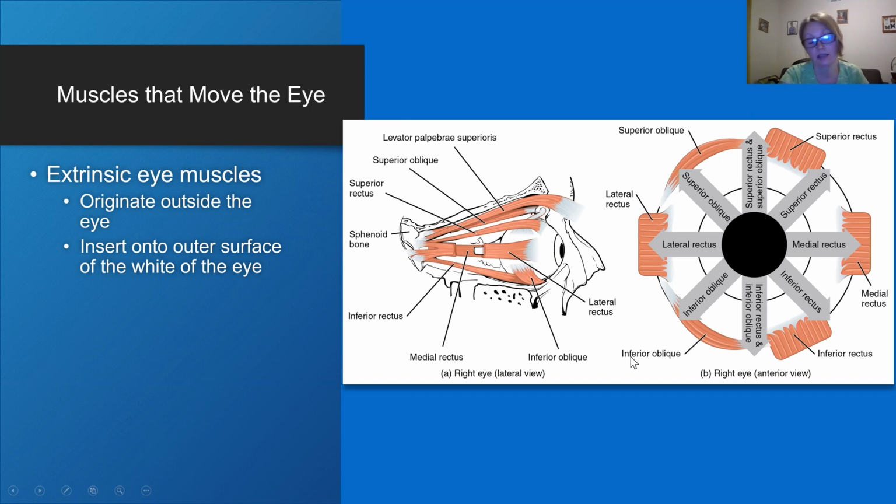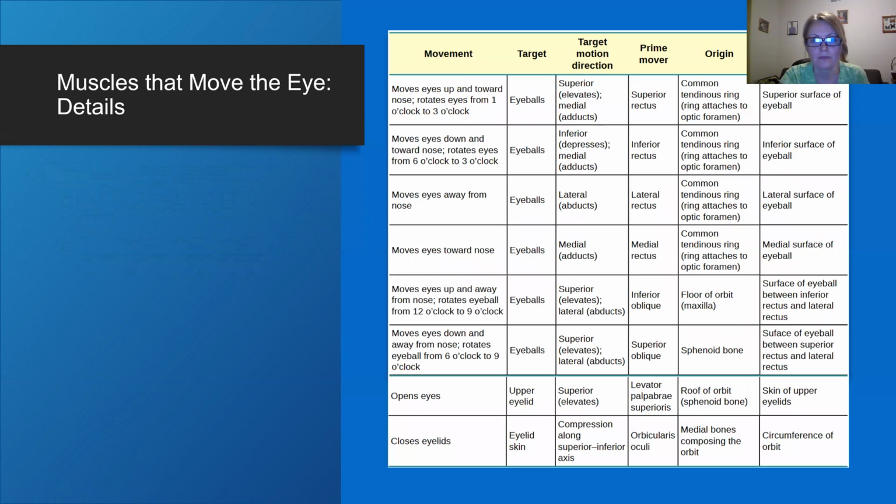I checked it, but that comes with our book, and I think there is an error over here. But this table is correct. And you know what? This is how I memorize it, and you might come up with a different idea. All your rectus muscles, superior, inferior, lateral, and medial, pretty much move your eye according to their name.